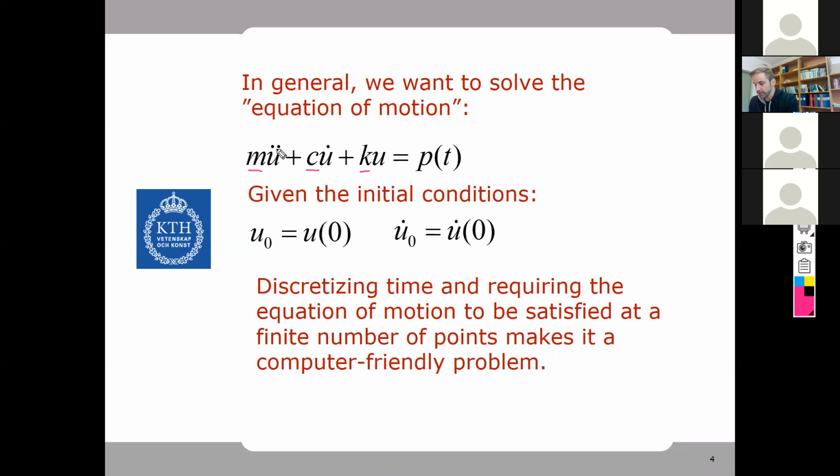These two dots indicate the second derivative of u, which is the displacement. So the mass times the acceleration is a force. There's another force involved, which is the damping times the velocity, because the force of damping is proportional to the velocity at which this particular structure is moving.